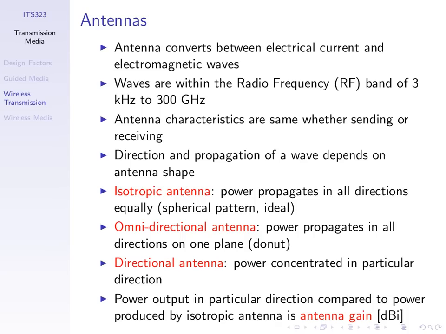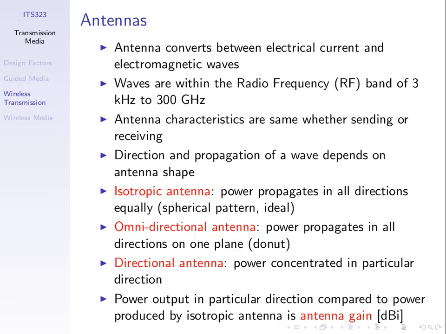Isotropic, think of some ideal or theoretical antenna. The antennas that we use actually concentrate some power in a particular direction, so they don't disperse the power equally. There may be some concentration of energy in one direction, so it's strong in one direction but weak in some other direction.